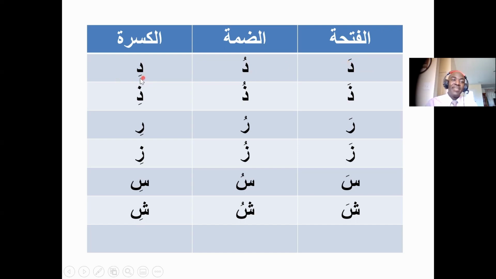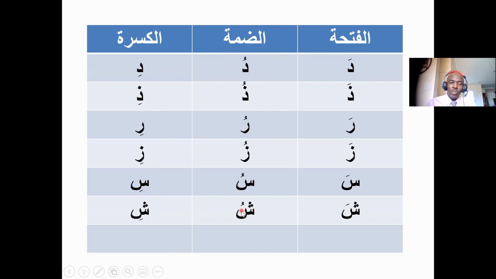If underneath a letter, that's the kasra, and dhamma is always on the top of the letters, never underneath it. So da, du, di, ra, ru, ri, za, zu, zi, sa, su, si, sha, shu, shi.